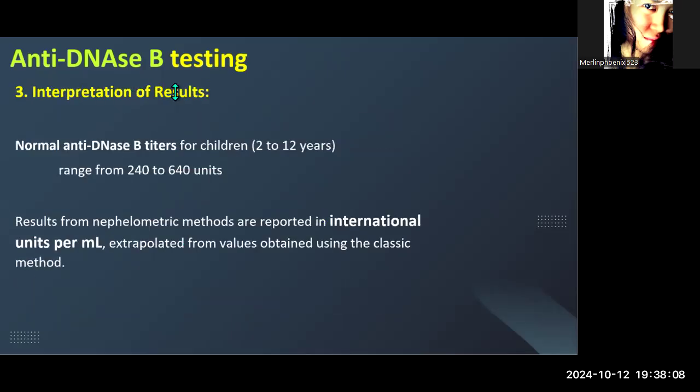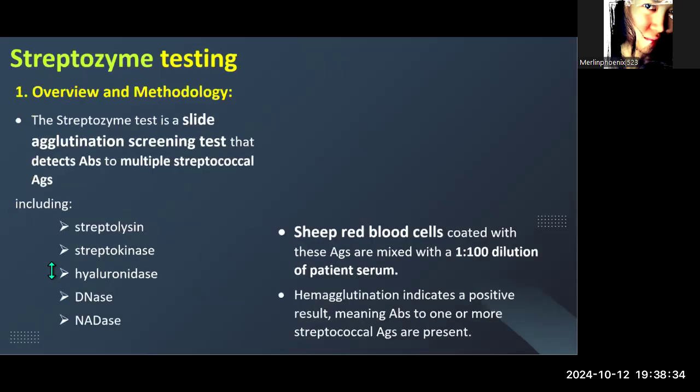Interpretation of results: normal anti-DNase B titers for children 2 to 12 years range from 240 to 640 units. Results from nephelometric methods are reported in IU, or international units per mL, and these are extrapolated from values obtained using the classic method.